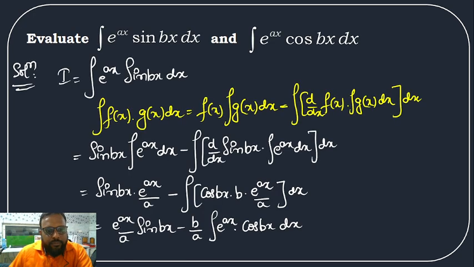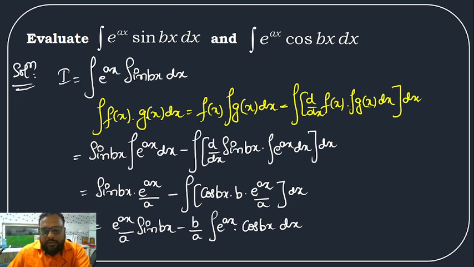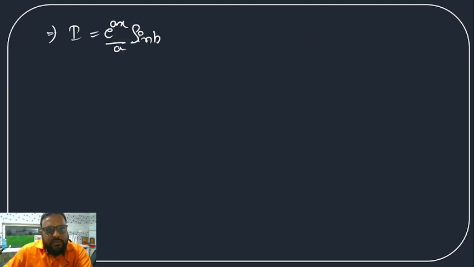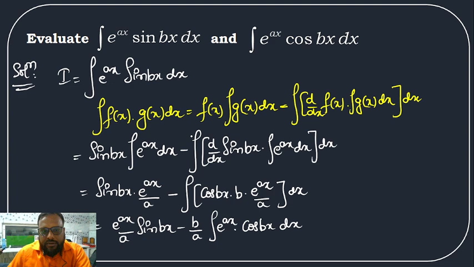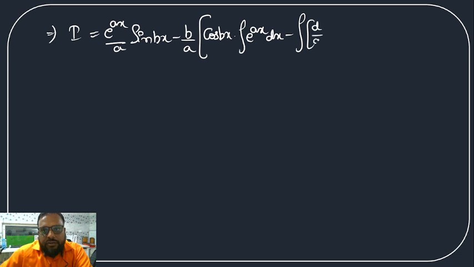So our next step will be I equal to, we came up to here, e to the power of ax by a sin bx minus b by a. Now we'll apply the formula here. Again, cos bx becomes the first function, e to the power of ax becomes the second function. So this will be cos bx into integration of e to the power of ax dx minus integration of derivative of cos bx into integration of e to the power of ax dx whole dx.